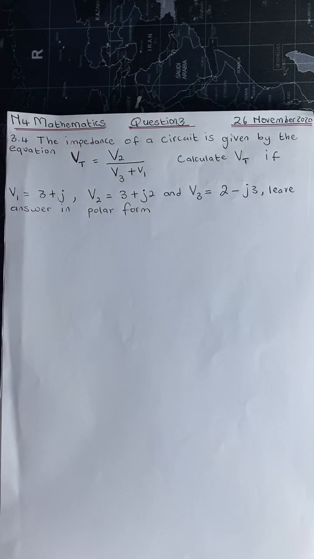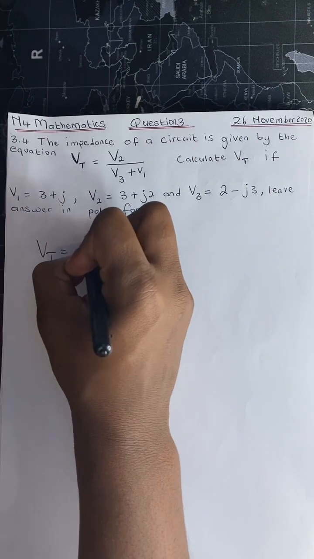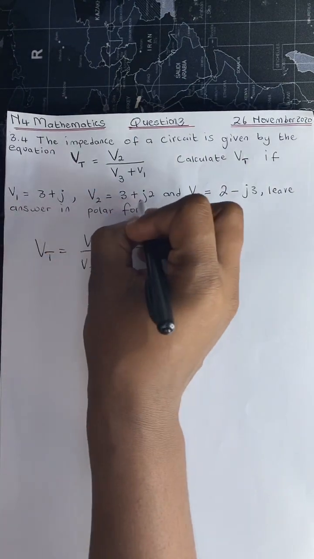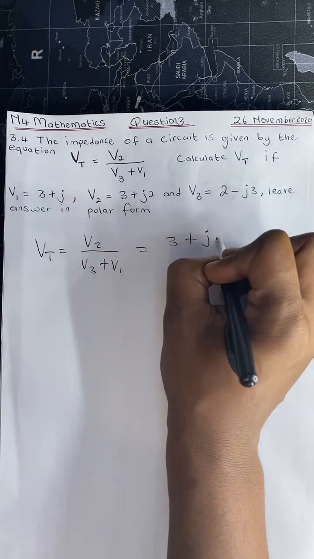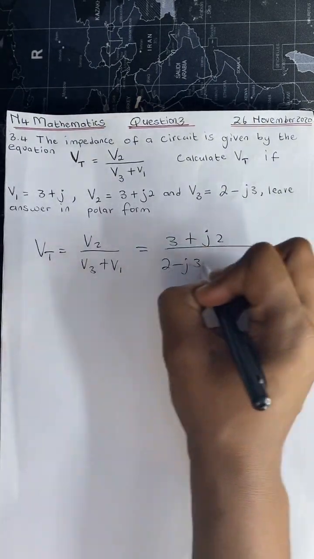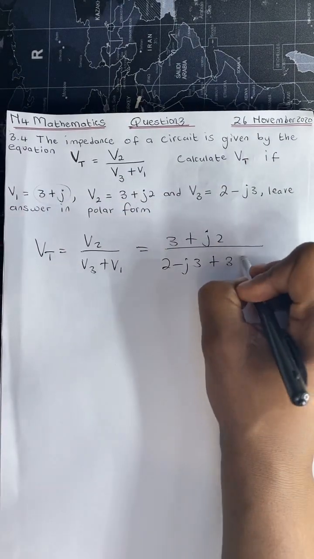Question 3.4, the impedance of a circuit is given by the equation Vt is equal to V2 over V3 plus V1. So calculate Vt if V1 is equal to 3 plus j and V2 is equal to 3 plus j2 and V3 is equal to 2 minus j3. Leave the answer in polar form. So we have Vt is equal to 3 plus j2, all divided by V3, which is 2 minus j3, plus V1, which is 3 plus j.